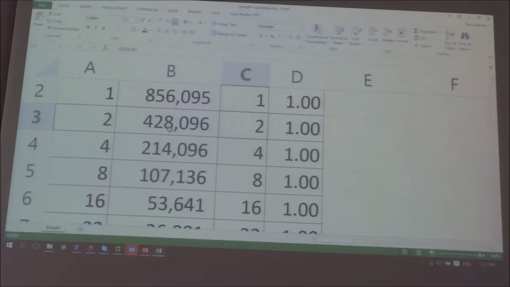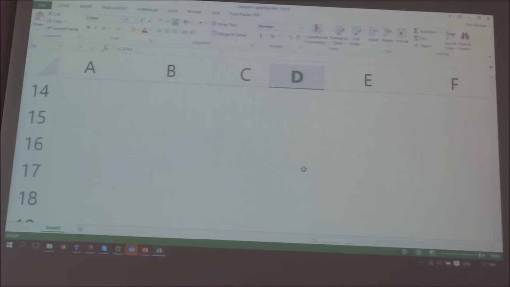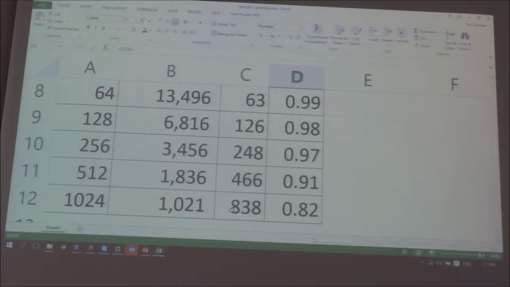So in this case, B3, and on and on. So all of these divide this TP by T of 1. And this is how you get these speed up numbers. The efficiency is the speed up number divided again by the number of cores, and this is what we get. So 838 divided by 1024 is only 0.82.